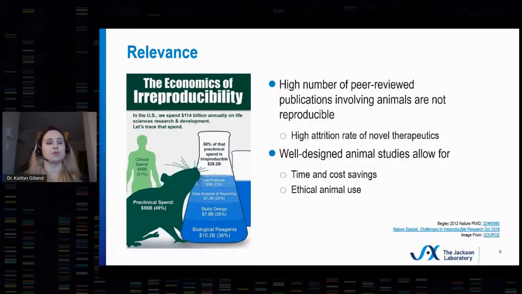And so because these studies are irreproducible, this can lead to high attrition rate of novel therapeutics. So meaning we're not seeing therapies come out of research. We also can save time and a lot of money if we improve our reporting methods, as well as we can improve our ethical animal use.